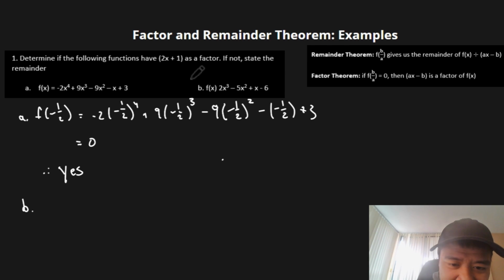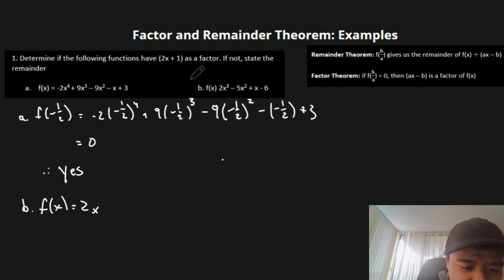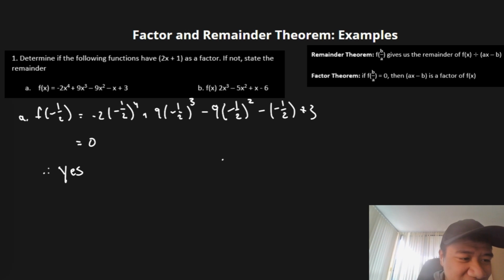Alright, for b, we just do the same thing. Our function is 2x cubed minus, okay, let's just substitute it in. If we want to see if 2x plus 1 is a factor of our polynomial here, we just substitute the corresponding number into our function.